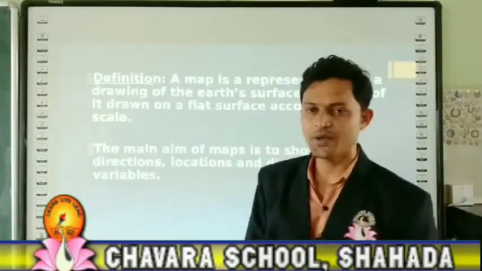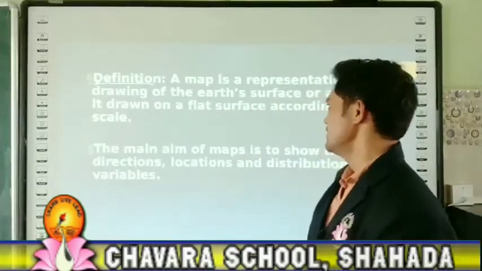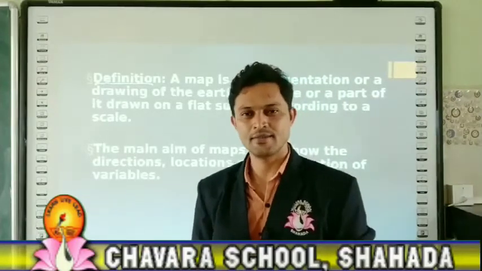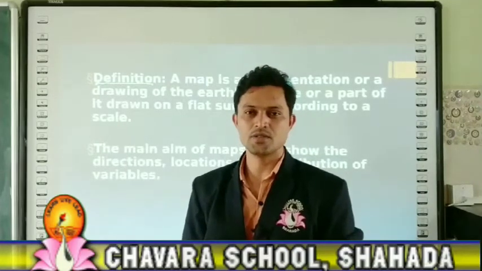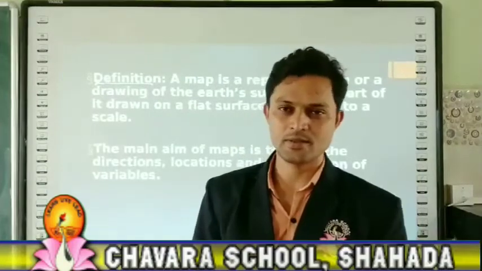If you take a look at the definition of the map, you will clearly understand that a map is a small representation of large surfaces such as continents, countries and oceans, and sometimes small parts of these large surfaces too.